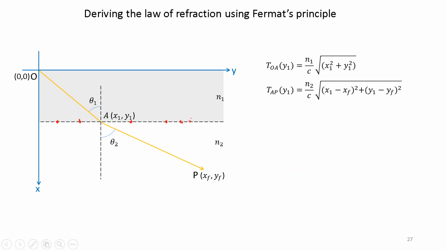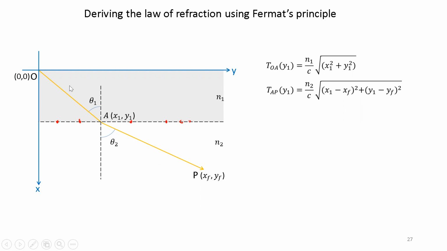To calculate the total time, first I calculate the time taken for this path, which is the length of this path divided by the speed of light in this region. The length of this part is the square root of this thing here.